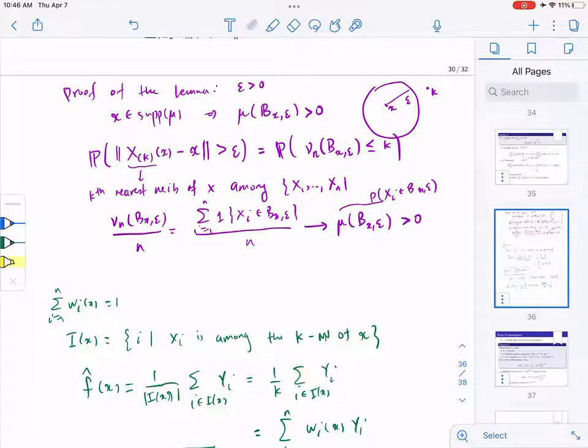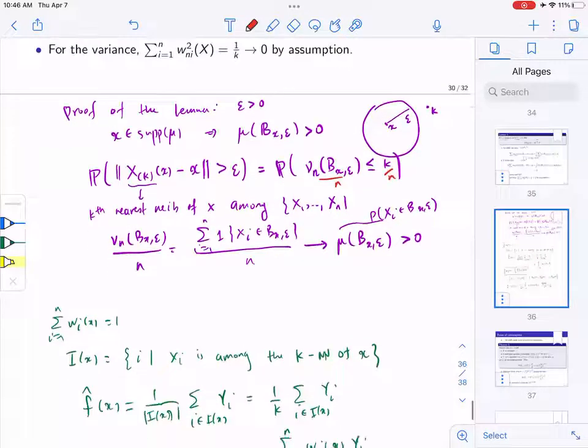So now I divide both sides of this by n. The rest you can complete for yourself. This converges to something which is positive. This side is converging to 0 by assumption. Okay, eventually this event will have 0 probability.